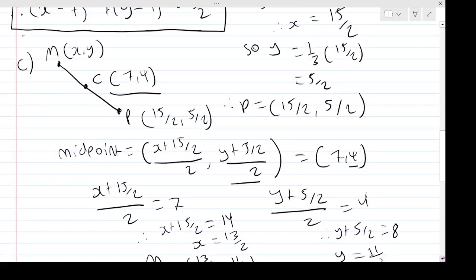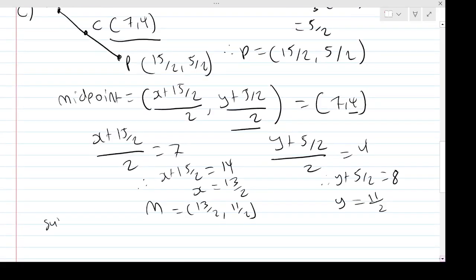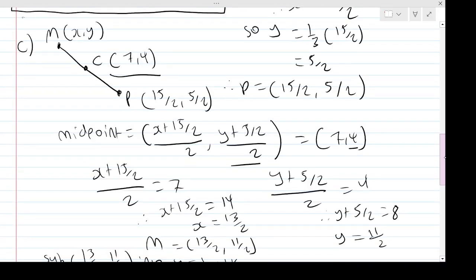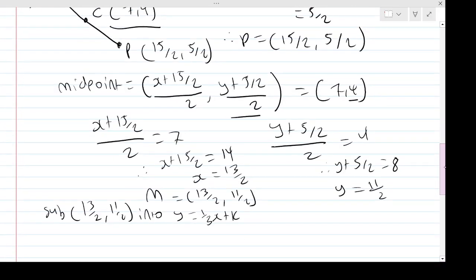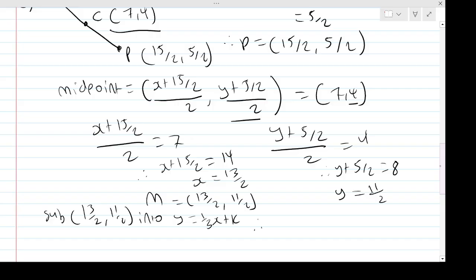So I'm going to sub 13 over 2, 11 over 2 into y is a third x plus k, right? So then I get that 11 over 2 equals a third of x, which is 13 over 2, add k. Then 11 over 2 equals, well, a third times 13 over 2 gets me 13 over 6, plus k.